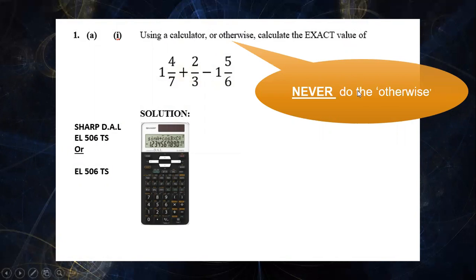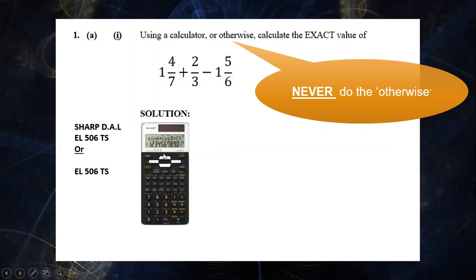So that's a subtle hint for exam techniques, which we will get into later on as well. In this case, if you're using the calculator, we're going to use a scientific calculator. Specifically, I recommend this calculator here, Sharp EL-506TS.